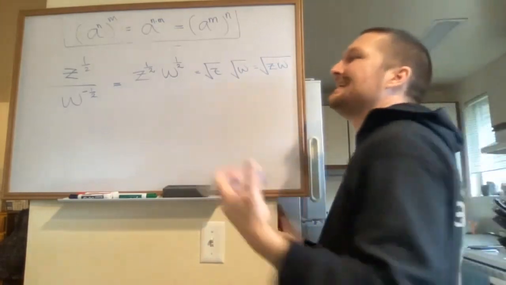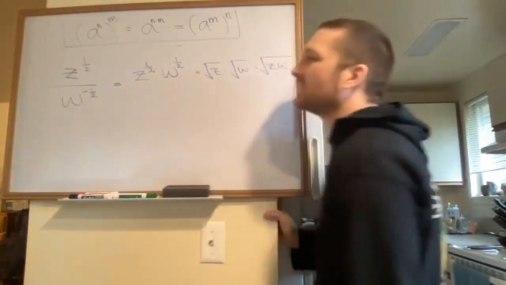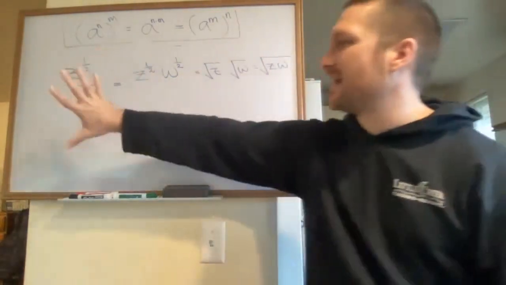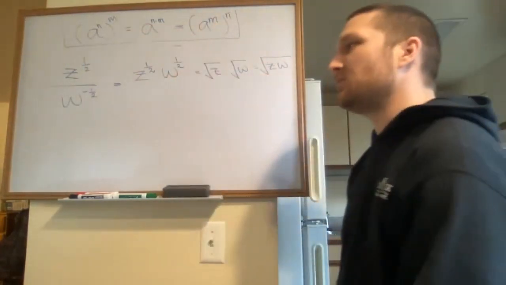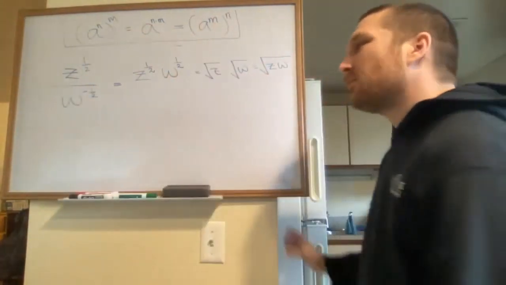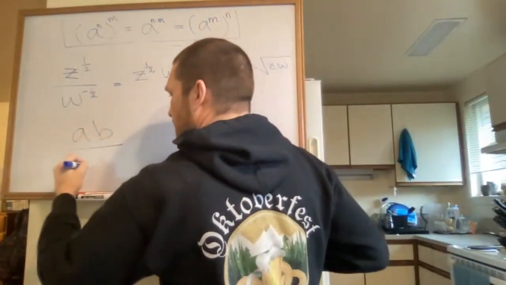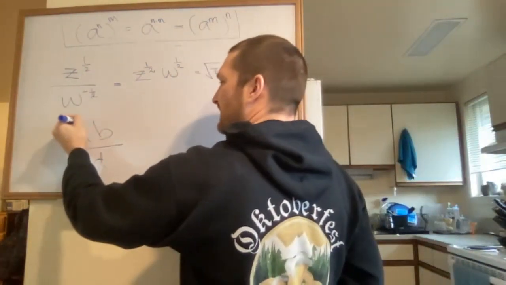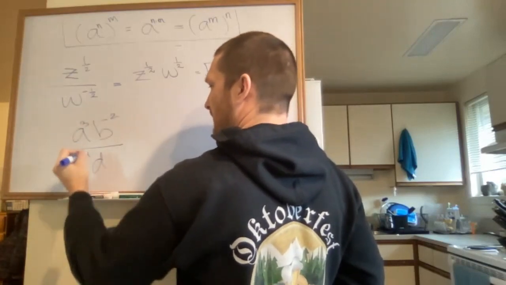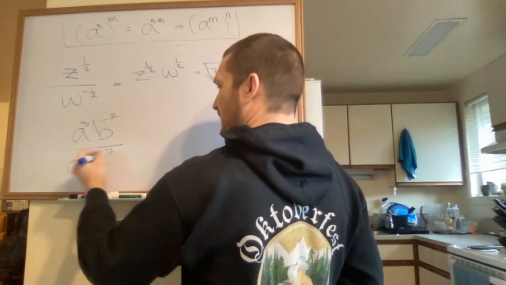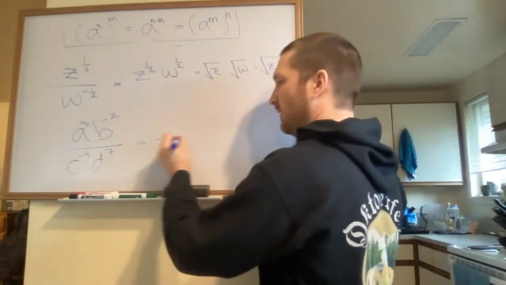The thing is, Z and W are going to look a little bit different, but that's the idea. That's how you do it. What I usually do, given any kind of expression, is if I see negative exponents, I immediately get rid of them.